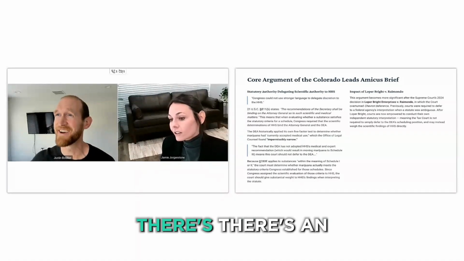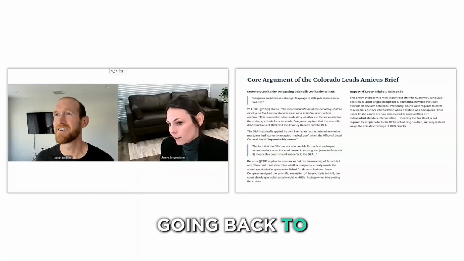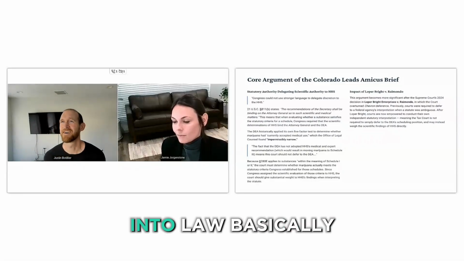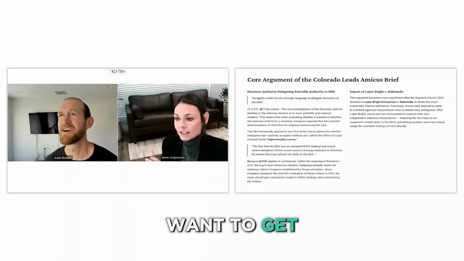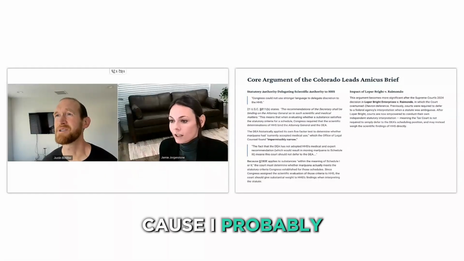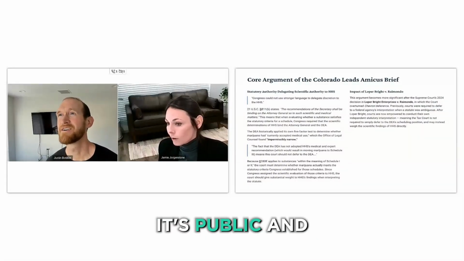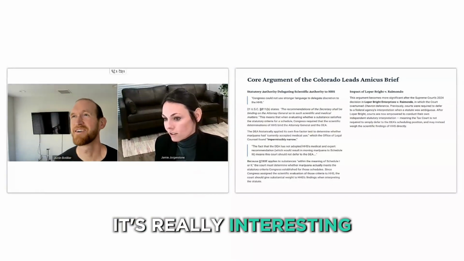Yeah, there's an extremely long history going back to the 70s, to when the Controlled Substances Act first came into law. I don't want to get too into it, but the brief is public and can be pulled, and I would highly encourage people to read through it. It's really interesting stuff.